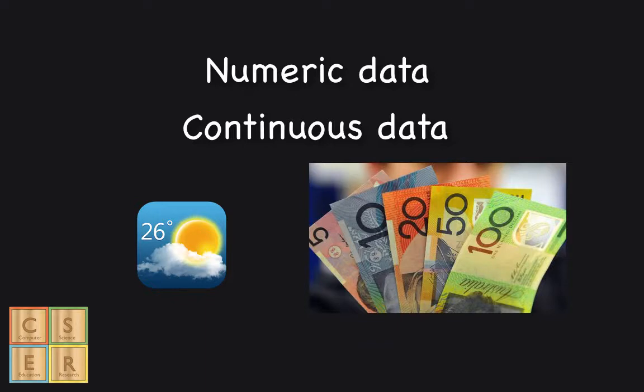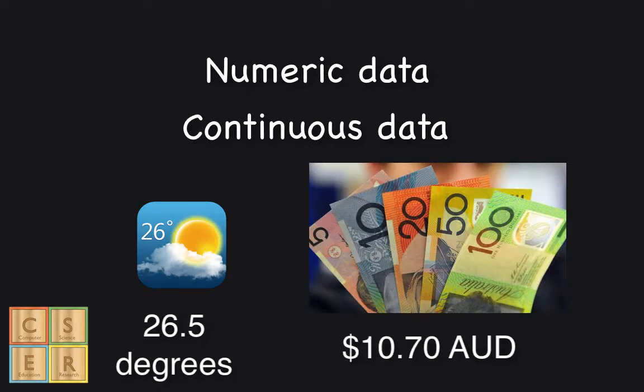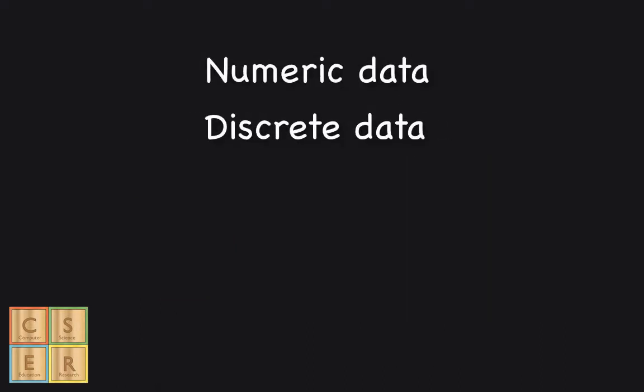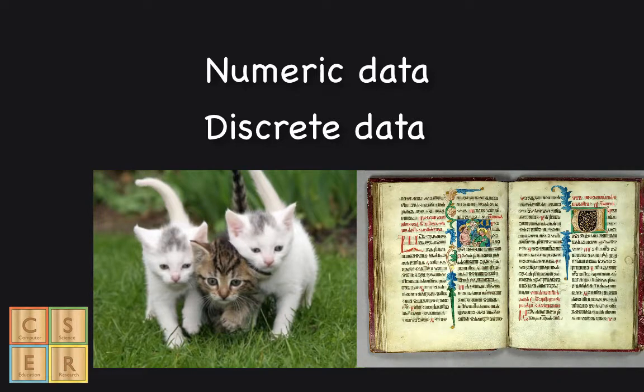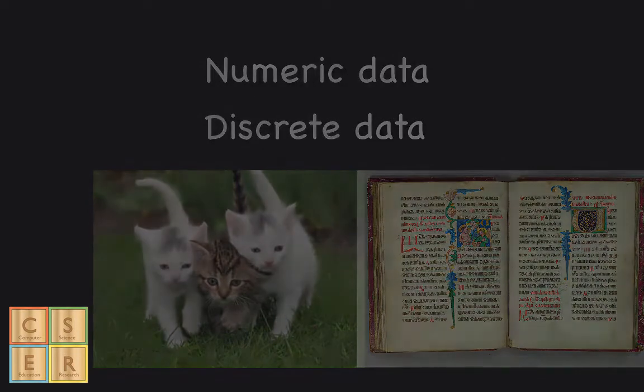This type of data can include decimal places, and you can also measure it between ranges. Discrete data are things that can only be counted in whole numbers, for example, 3 kittens, 2 cups, or 1 book. You can't really have 2.5 kittens or half a book.